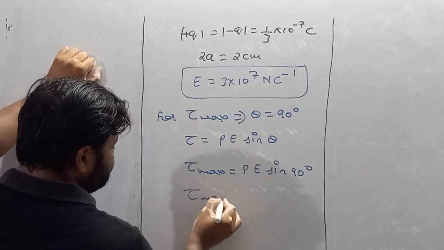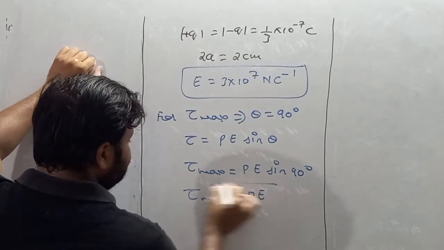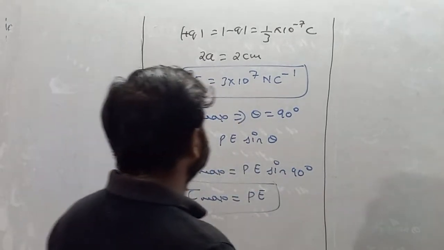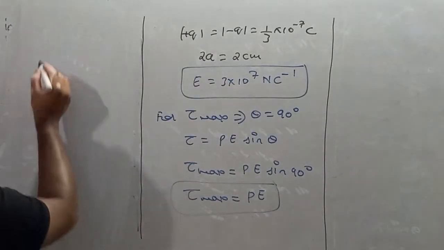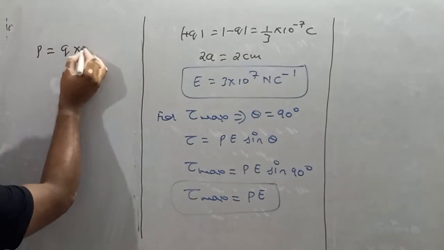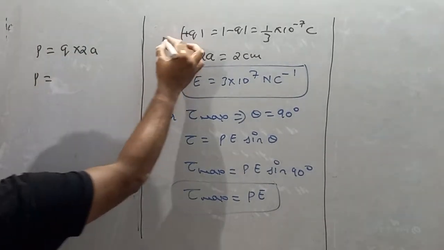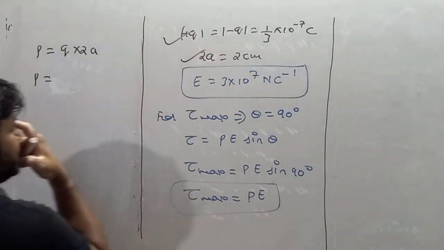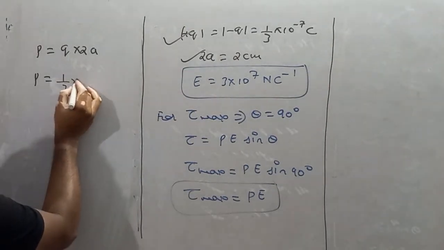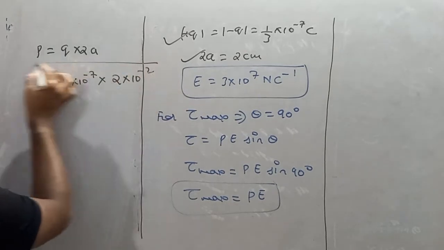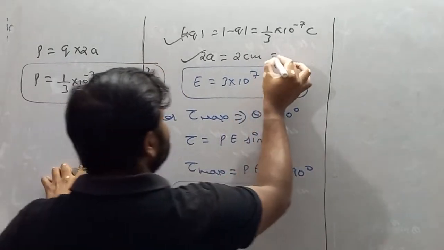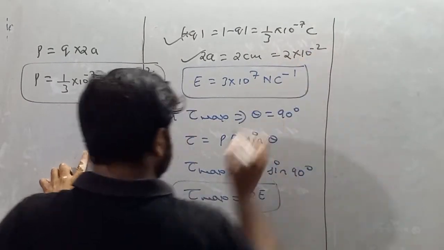So tau max is equal to PE, because sin 90 is equal to 1. So P must be equal to Q into 2A, because P is the dipole moment. We have been given the charge as well as the separation between the charges. So I'll write 3 into 10 raised to power minus 7 multiplied by 2 into 10 raised to power minus 2. To convert it into meters, we'll multiply with 10 raised to power minus 2.